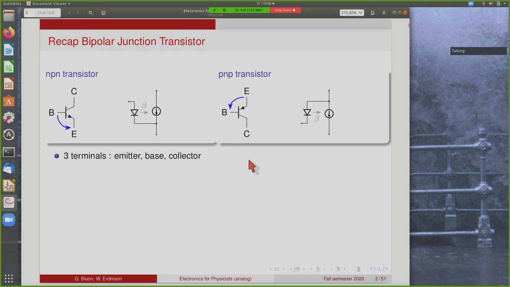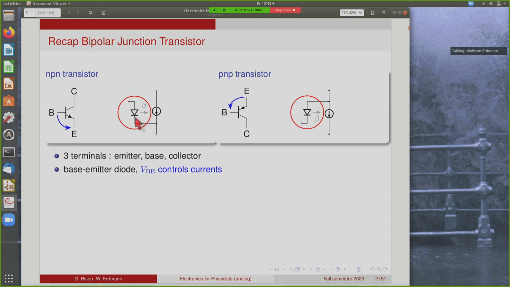Okay, so here's the recap of the bipolar junction transistor. There are two types of transistors, the NPN transistor and the PNP transistor. They're mostly interchangeable, but the polarities are different. They both have three terminals: the emitter, the base, and the collector.